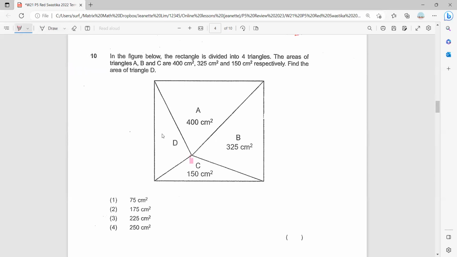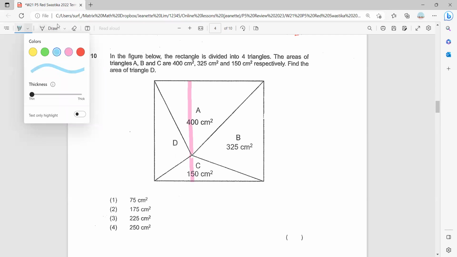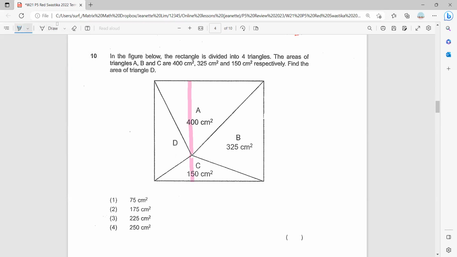C has a height here. A has a height here, right? If we combine the height of A and C, it is basically the side of the rectangle. And triangles A and C have a common base, which is here.